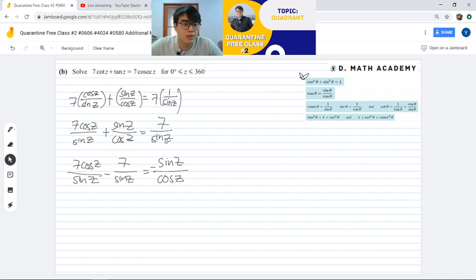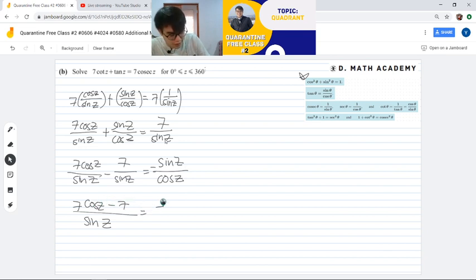So the denominator is the same, combine them, then I will have sine z as the denominator and 7 cosine z minus negative sine z over.